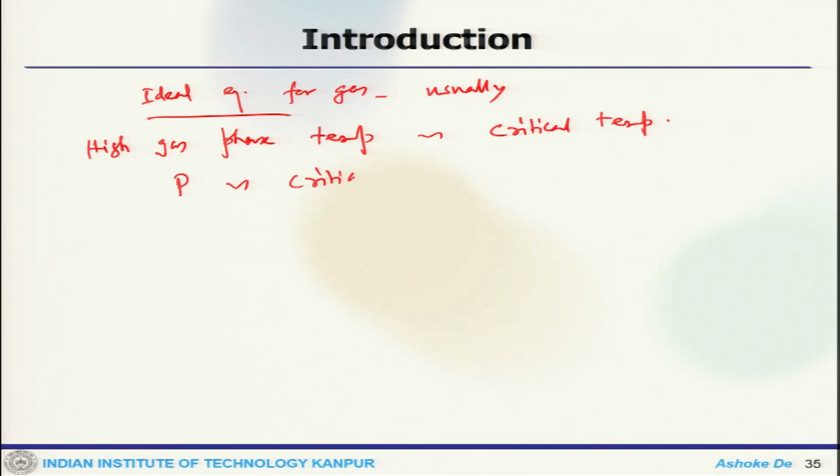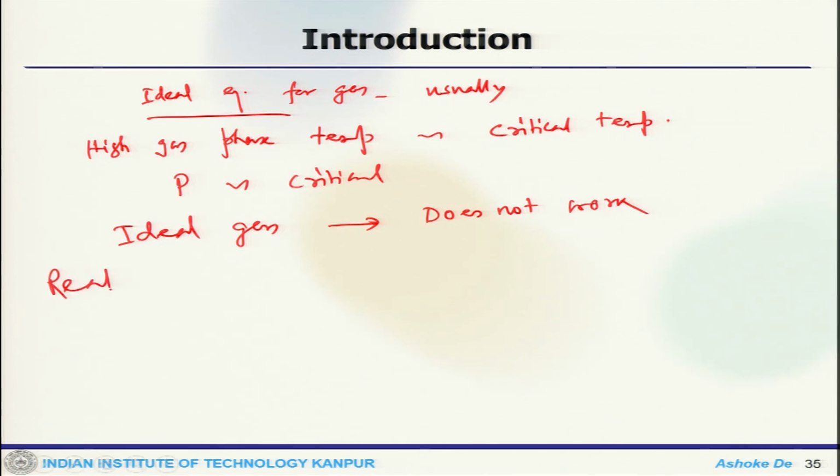Here the ideal gas does not work. So, one has to take a real gas equation, which could be the van der Waals equation, or Peng-Robinson, or the SRK model.